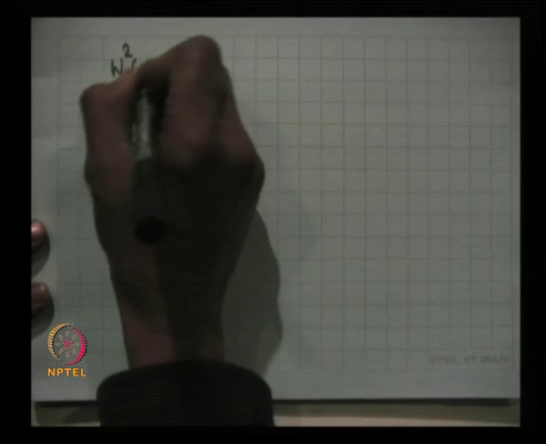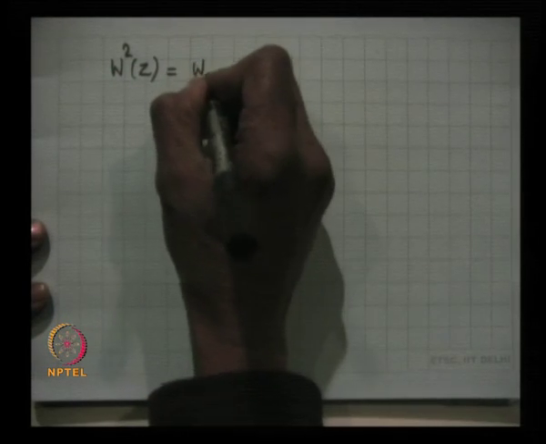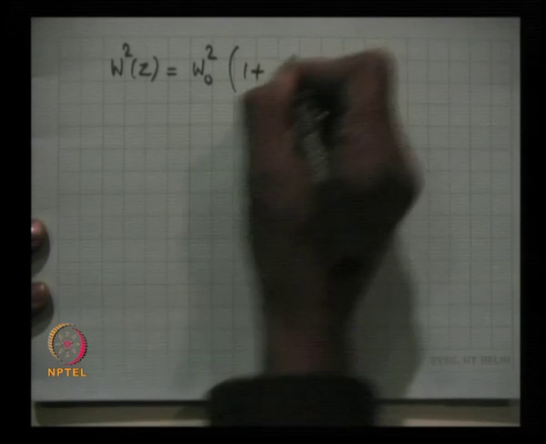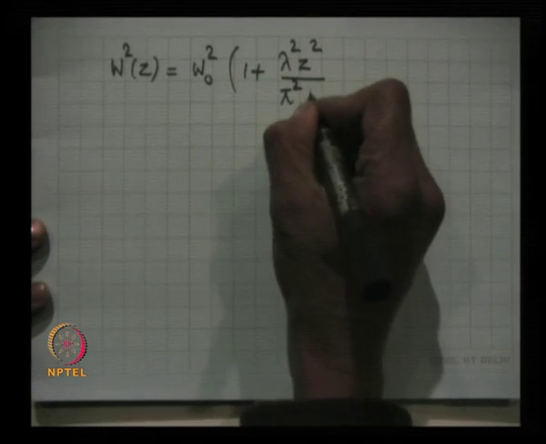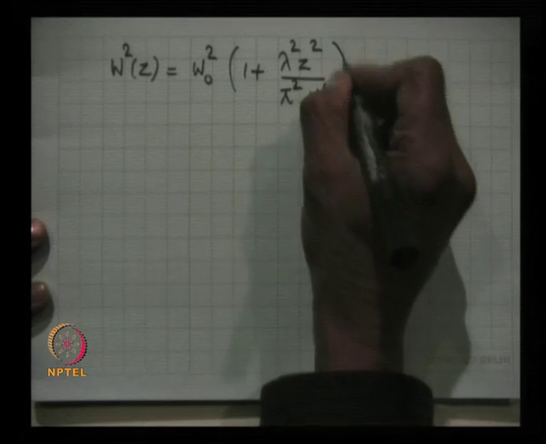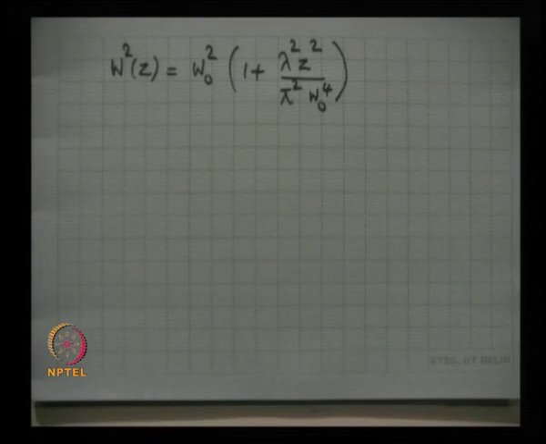Let me give you the expression here. w square of z is equal to w0 square into 1 plus lambda square z square by pi square w0 to the power 4. The spot size of the Gaussian beam increases with z according to this formula.